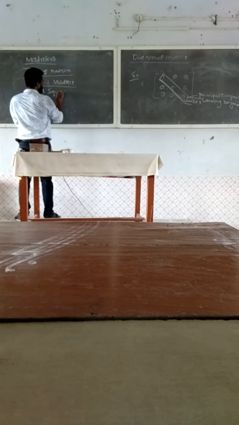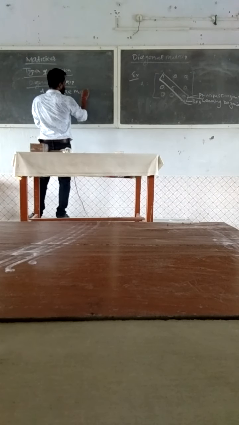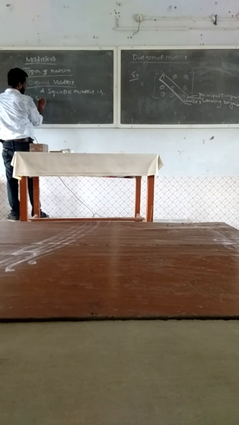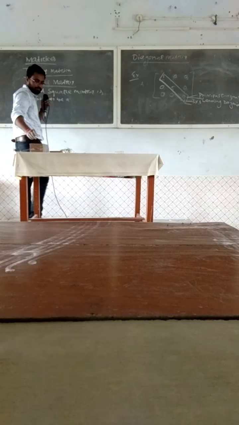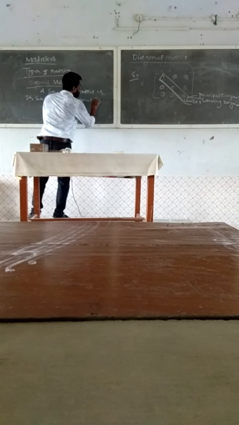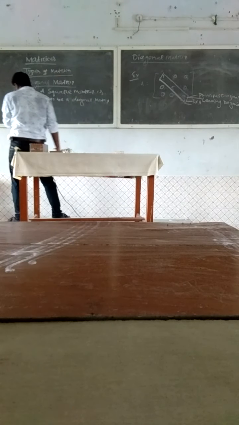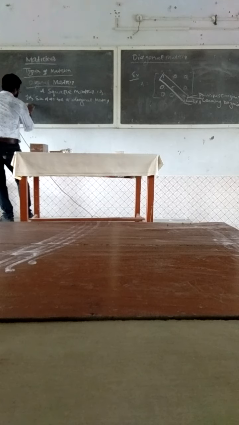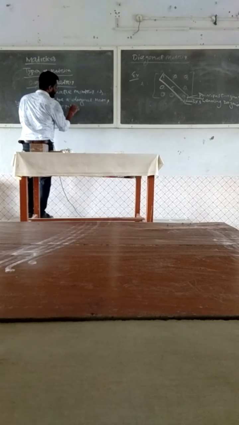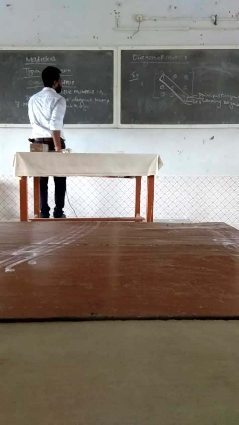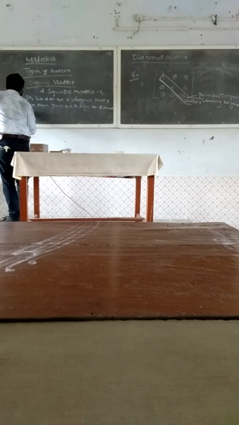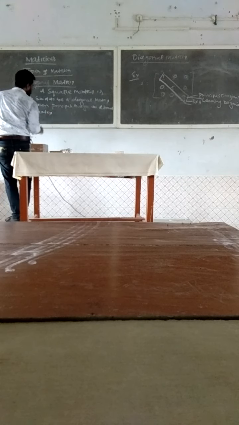A square matrix is said to be a diagonal matrix if, other than the principal diagonal, all elements of the matrix are 0.